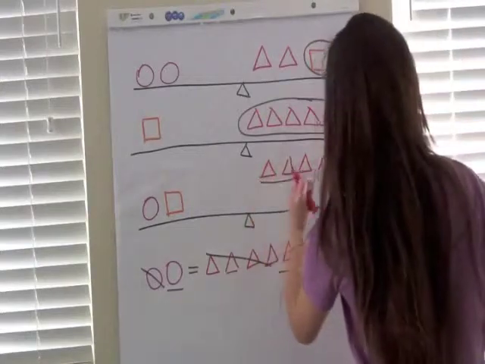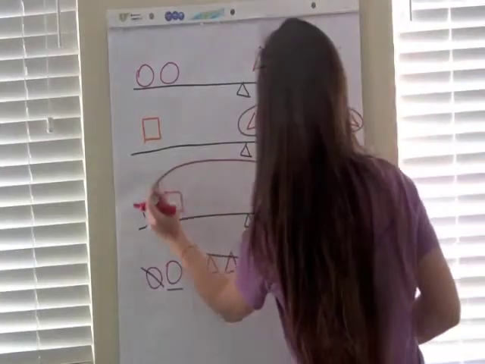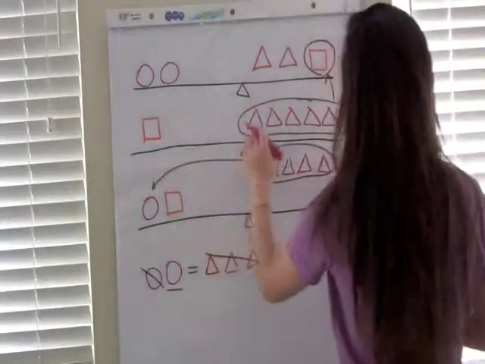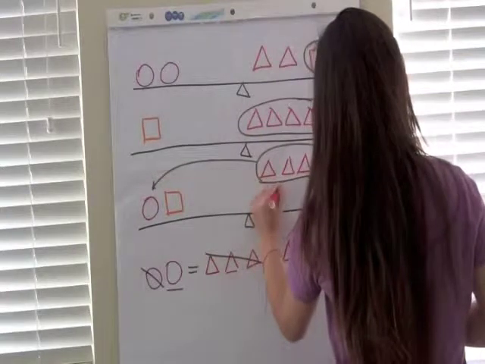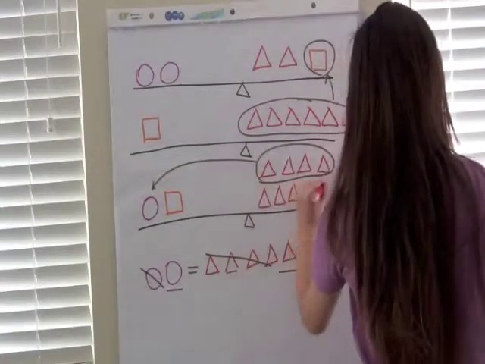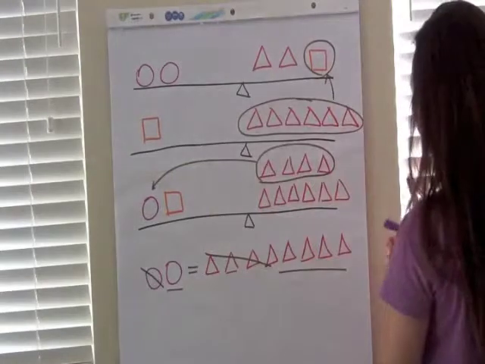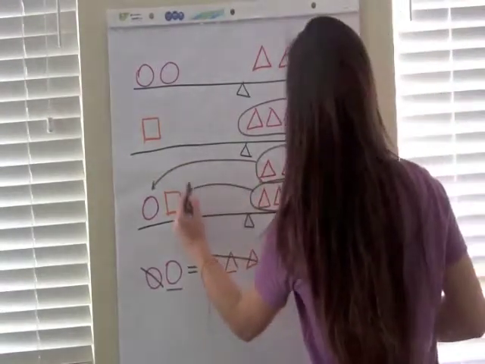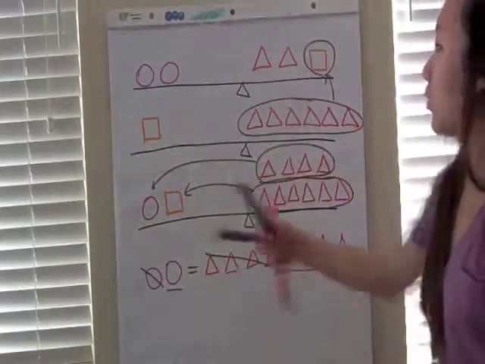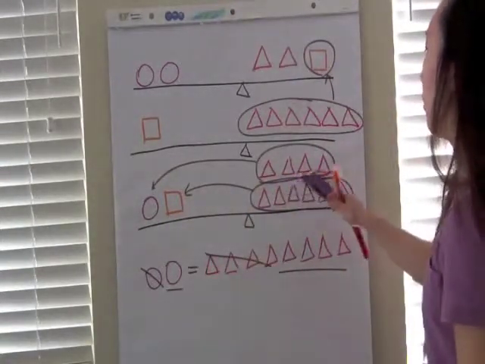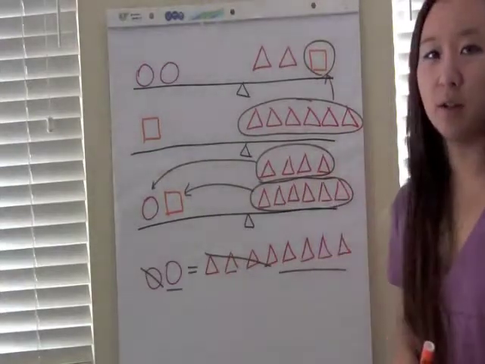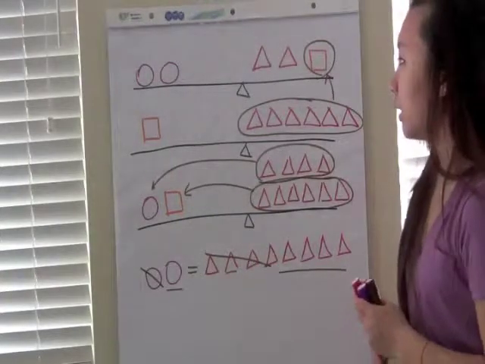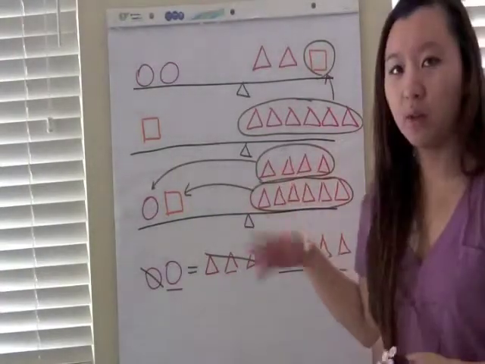And then we know that 1 square is equal to 6 triangles. So a circle and a square is equal to 1, 2, 3, 4, 5, 6, 7, 8, 9, 10 triangles.